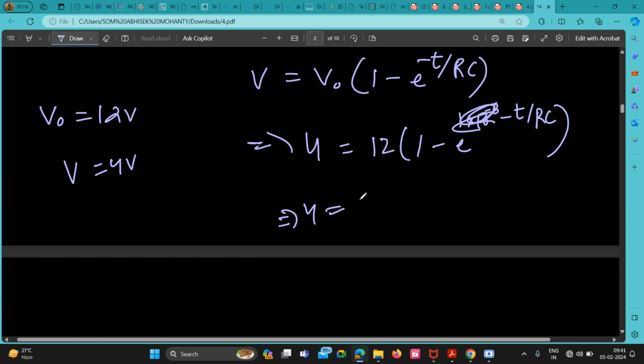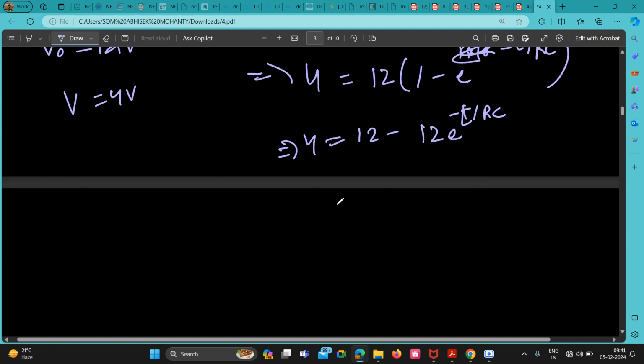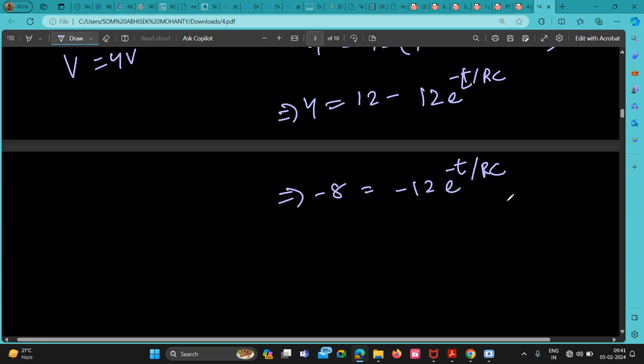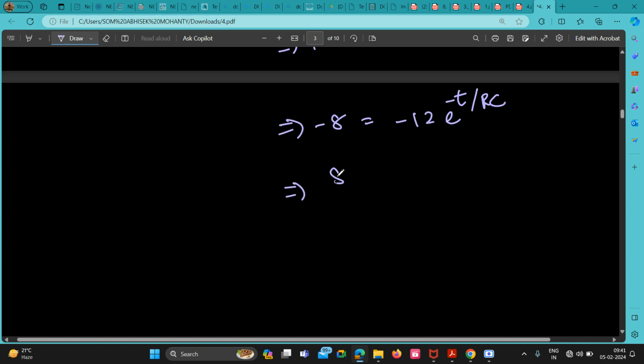So 4 is equal to 12 minus 12 e to the power minus t by RC, so minus 8 is equal to minus 12 e to the power minus t by RC, so 8 by 12 is equal to e to the power minus t by RC.